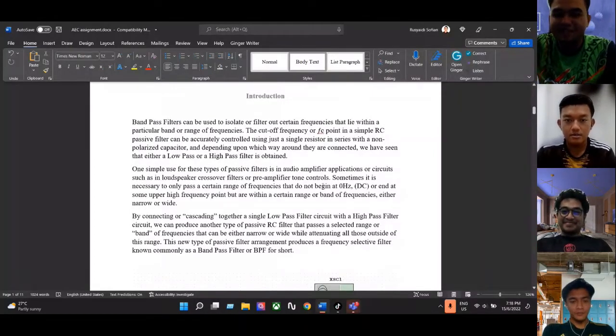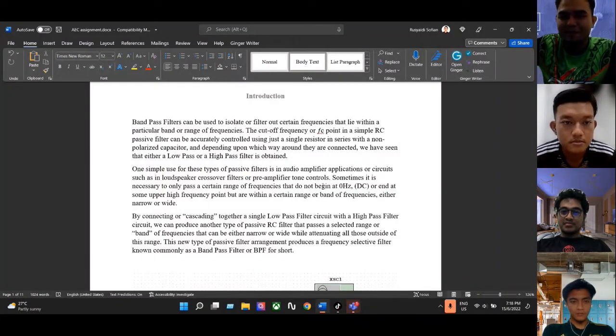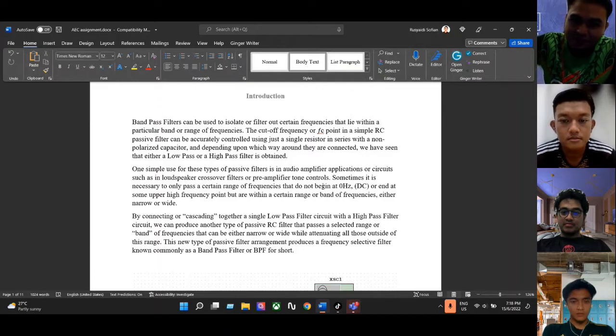I will start with the introduction. Band pass filter can be used to isolate or filter certain frequencies that lie within a particular band or range of frequencies.